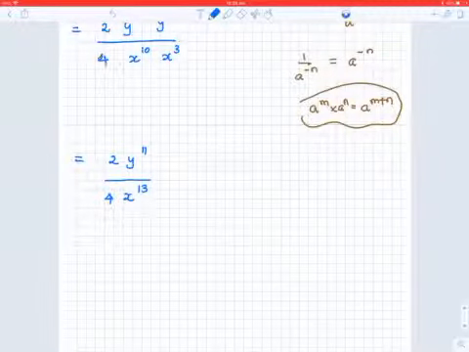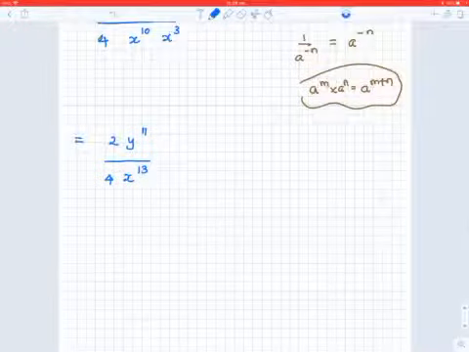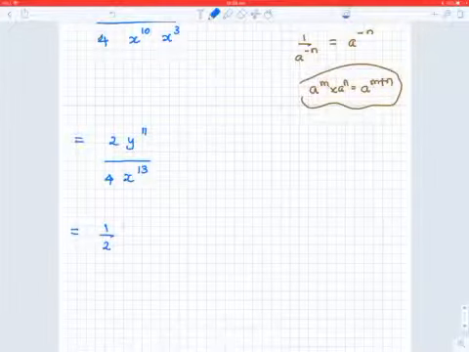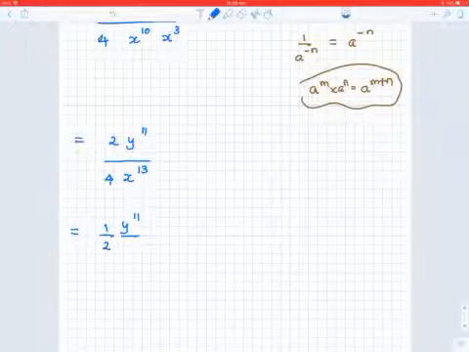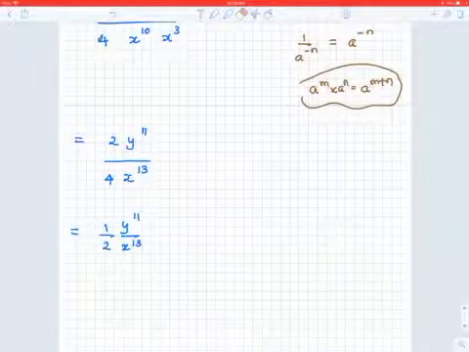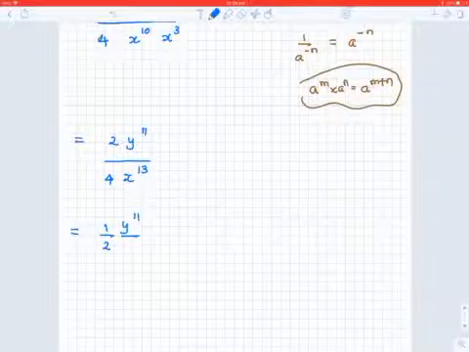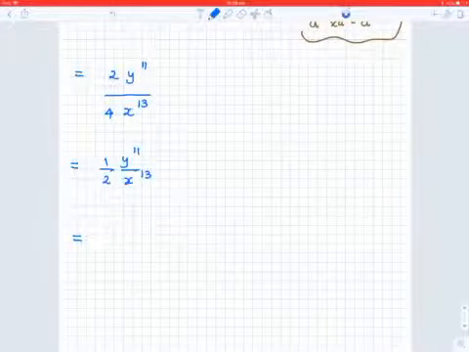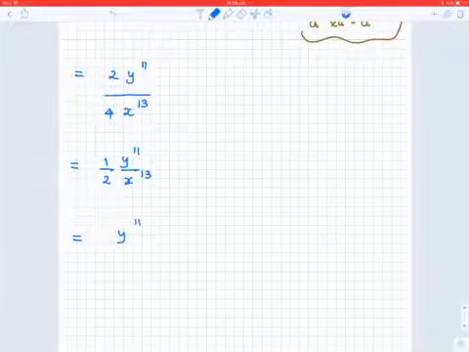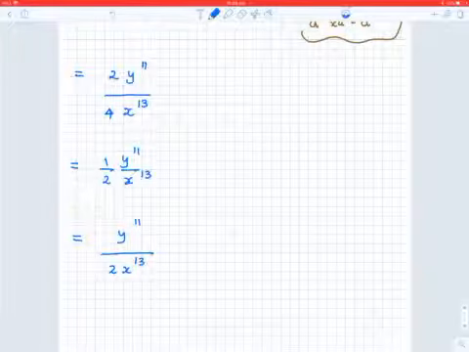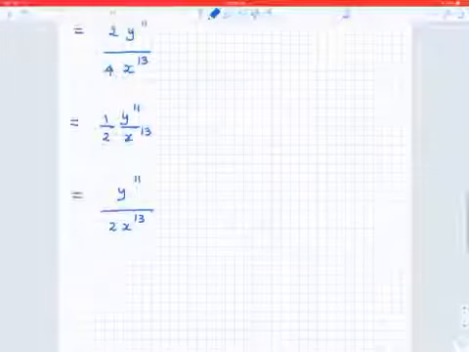Now I didn't simplify the numbers, so the next line, 2 over 4 becomes 1 over 2. So when we combine them, we can write it as y power 11 divided by 2x power 13. This is your final answer.